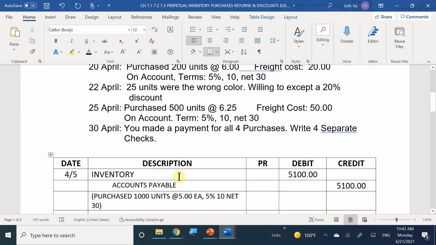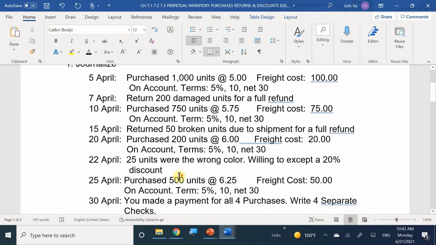Next we have April 15. We end up returning 50 broken mugs due to shipment for a full refund.